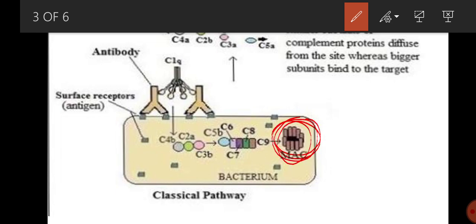This is actually known as MAC here. All these components will drill the membrane of the bacteria, will cause perforation in the bacterial cell membrane, and will cause the destruction of the bacteria. Let's go next.